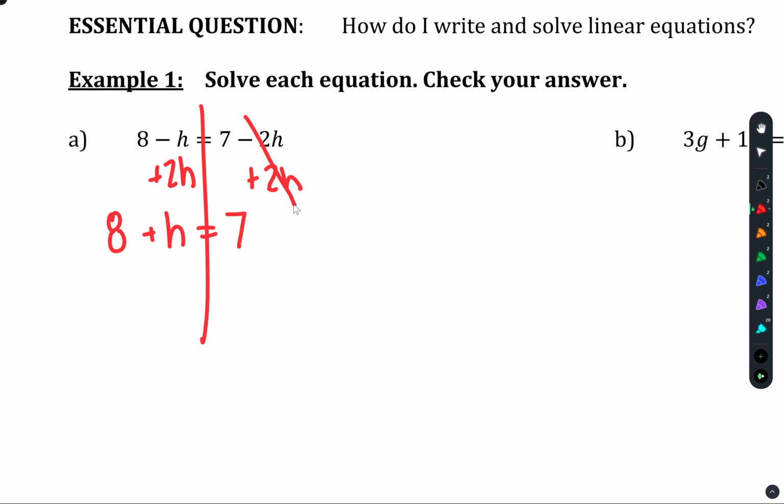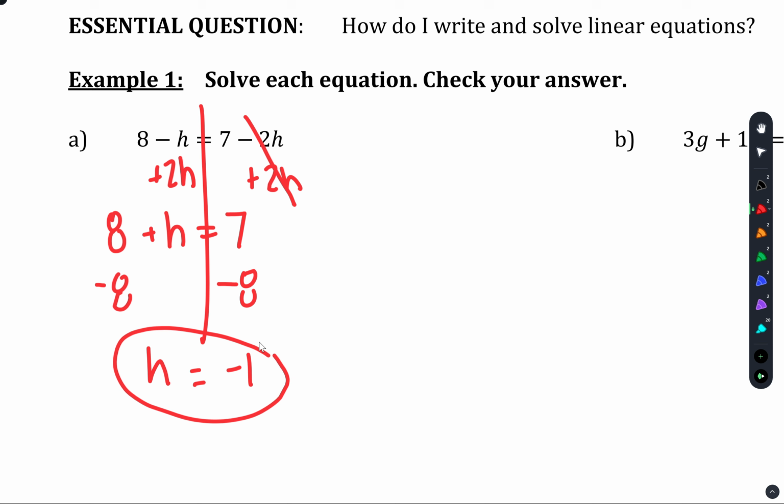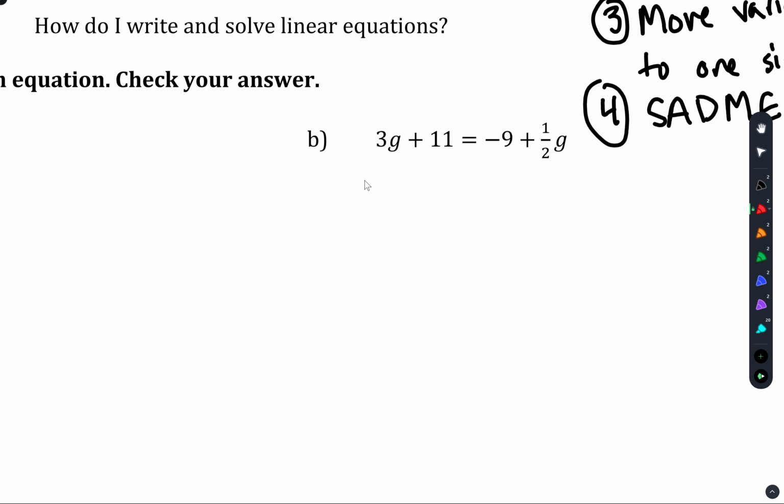Noticing how this is canceling, right? I'm going to subtract 8 from both sides. And then I'm going to be left with h equals negative 1. And that's my answer, right? That's all I'm doing here. Questions?